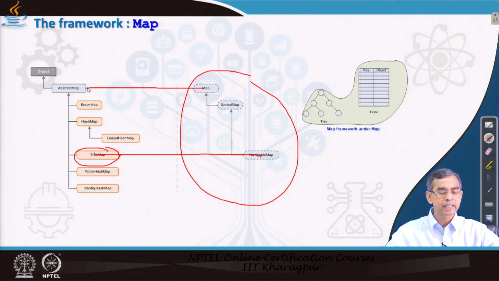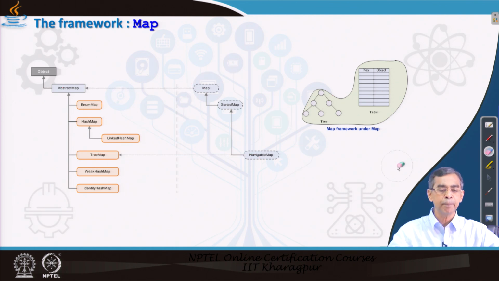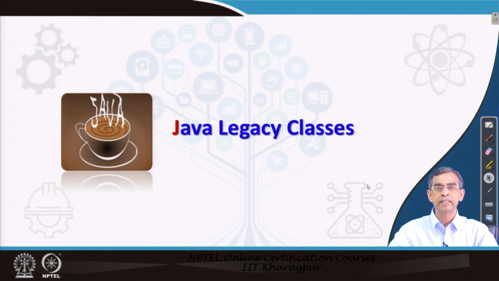Then map is implemented by abstract map, and these are all classes dealing with the facilities related to tree and table. This is the concept in the map framework, and again we follow a simple notation.